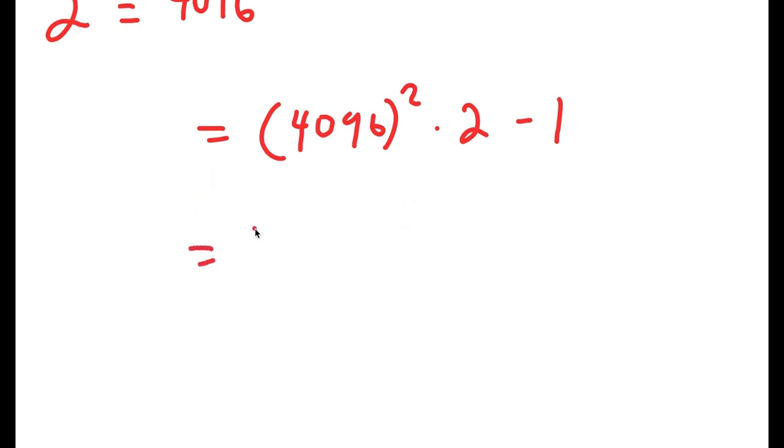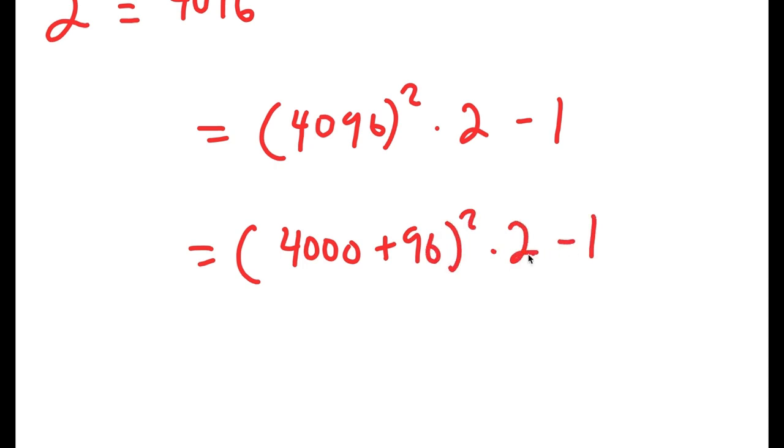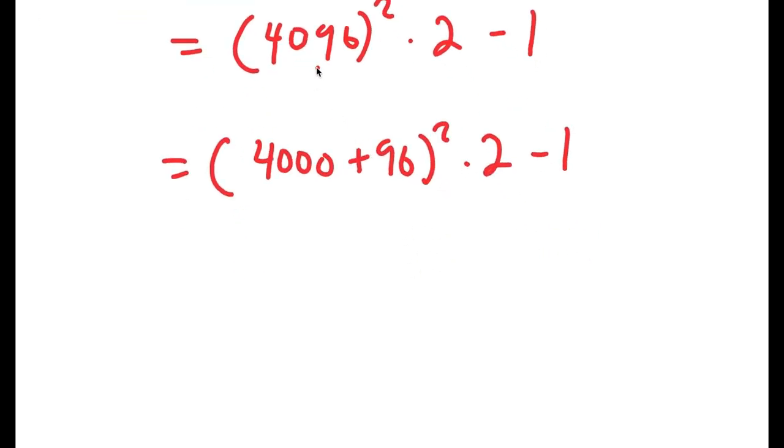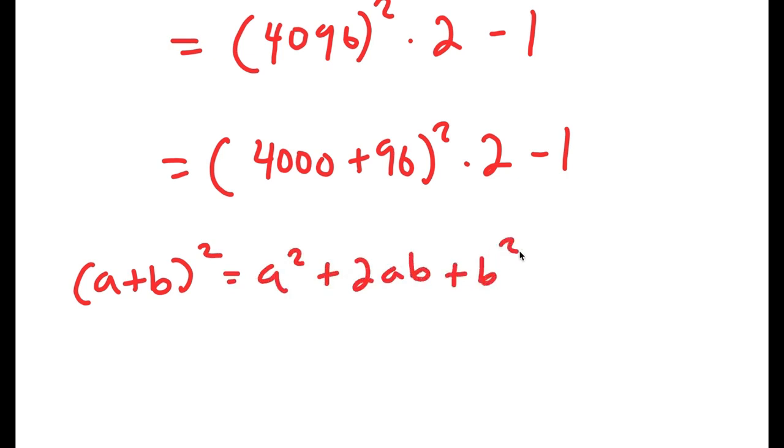And now I'm going to simplify this as 4,000 plus 96 squared times 2 minus 1. The reason I'm doing this is because 4096 squared is really hard to calculate by itself. So if we change it to 4,000 plus 96 squared, I can use the property a plus b squared is equal to a squared plus 2ab plus b squared.